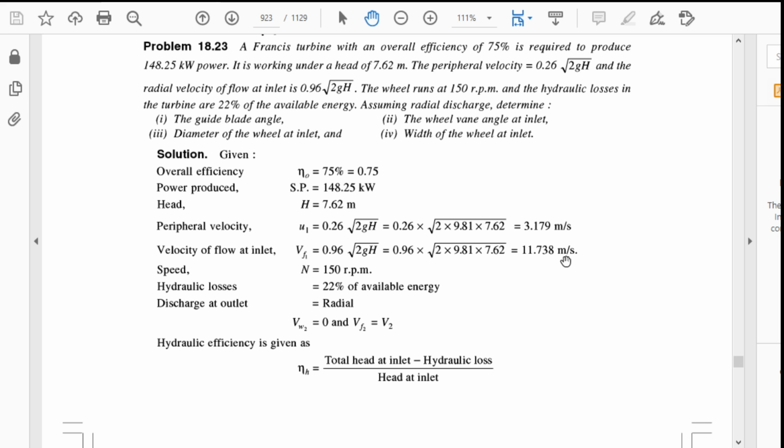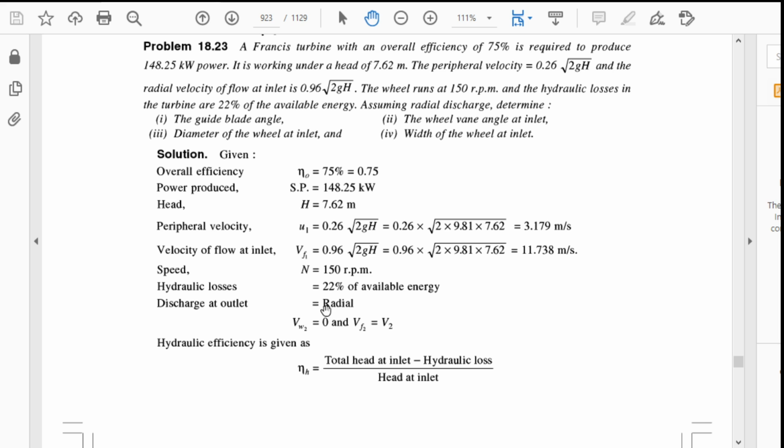Now the second term they have given is the wheel runs at 150 rpm. That means the speed is n equals 150 rpm, and also the hydraulic losses of turbine are given, which is 22% of available energy, and the discharge is radial at outlet.